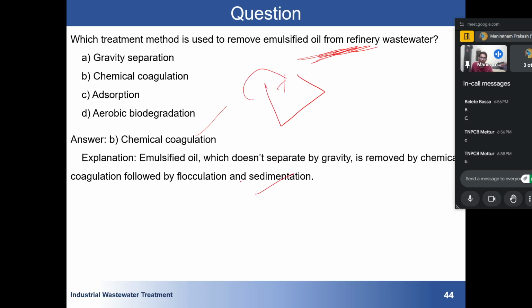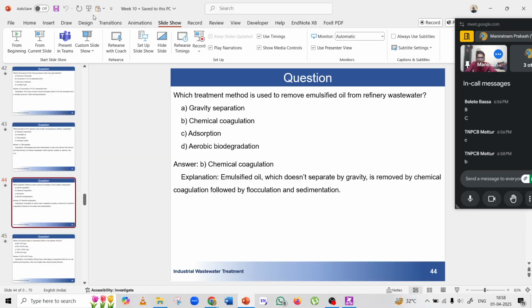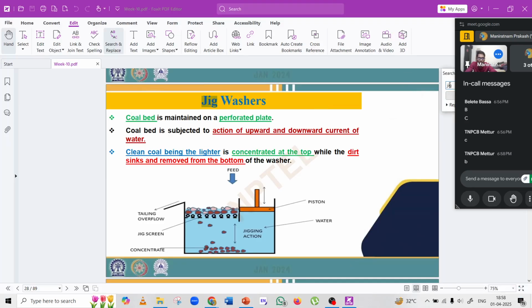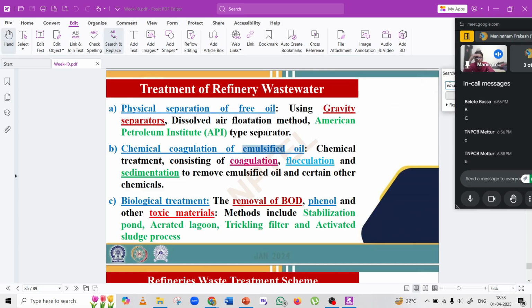So, can anyone say which chemical is used here? Which coagulant is used? I also don't know. Emulsified oil, chemical treatment like coagulation.